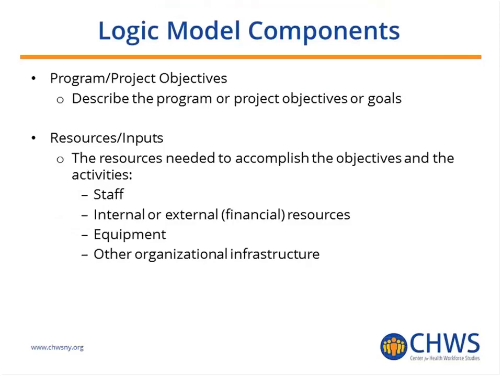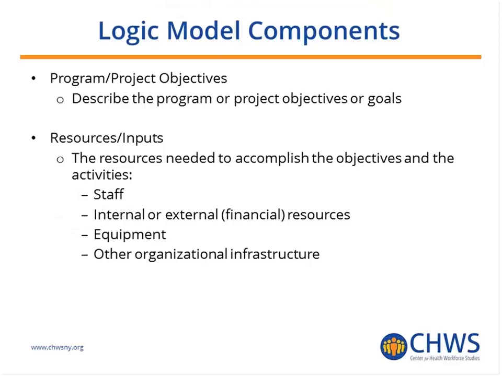The program or project objective: what is that project trying to do? That could be multiple things, and as you'll see in some of the examples we're going to use today, they are multiple things. You may have 2 or 3 objectives going at the same time, and you really want to evaluate them separately and use your logic model to walk across each of the boxes separately.